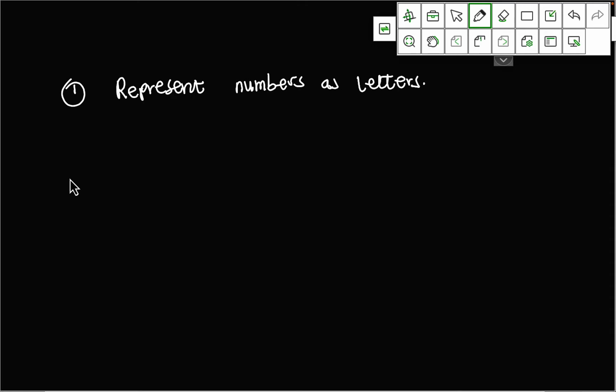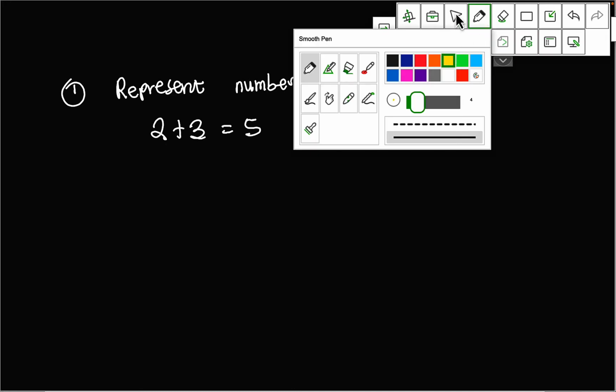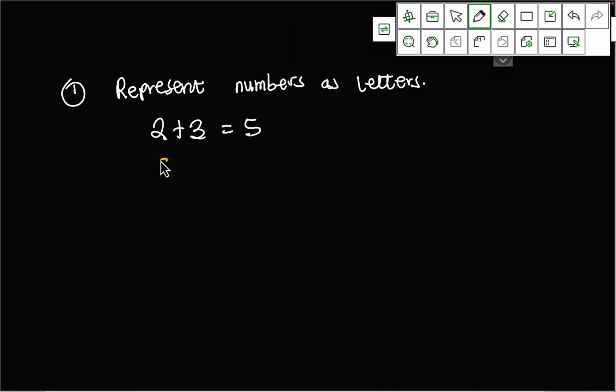So let's look, for example, at 2 plus 3 is equal to 5. Right? This is basic arithmetic. You add 2 plus 3, that gives you 5. In algebra, you most likely will see something like this: a plus b is equal to 5.